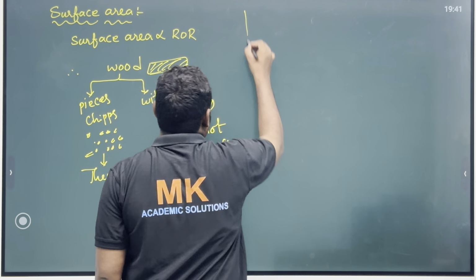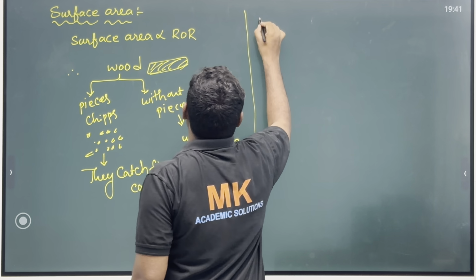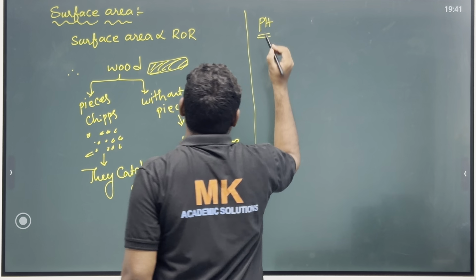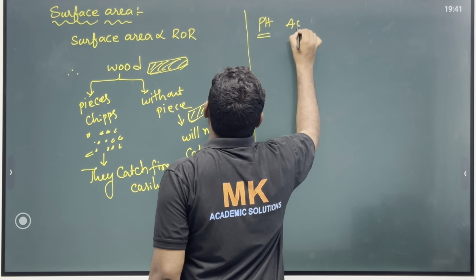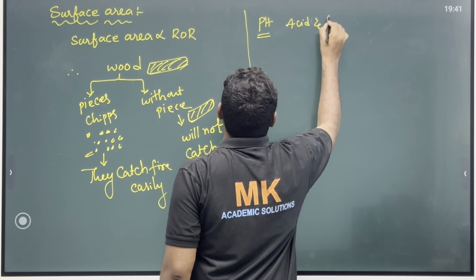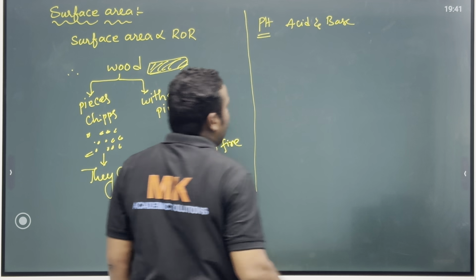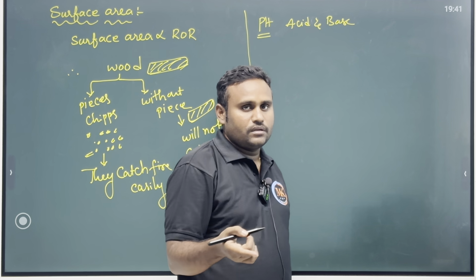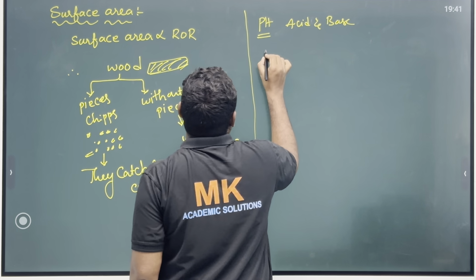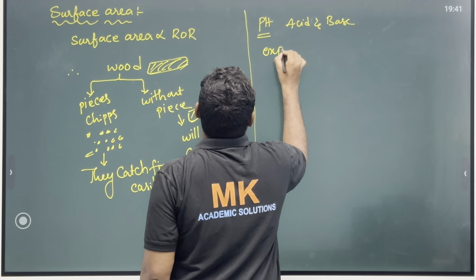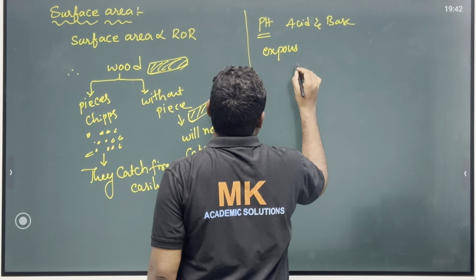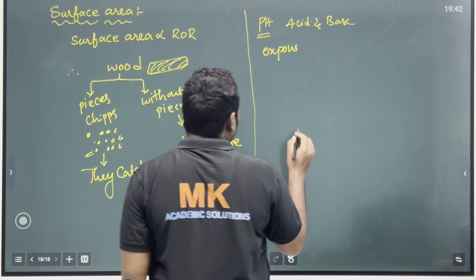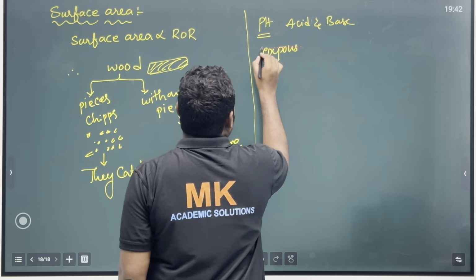Next, pH. pH is mainly important in acid and base solutions. When we are having acids and bases, pH is going to have some effect on the rate of reaction. And exposure to the radiation.